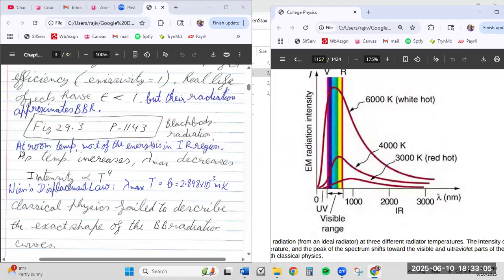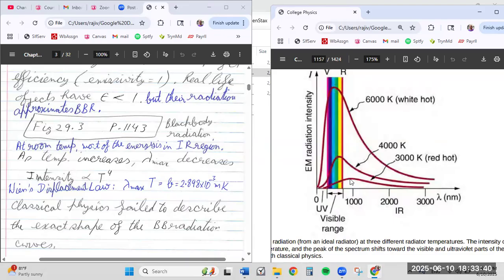So at room temperature, most of the energy that is emitted in the form of blackbody radiation is in the infrared region. However, as the temperature increases, lambda max decreases, which is what I was pointing out earlier. Lambda max is the wavelength at which you have maximum intensity. So that's what's shown by these peaks.